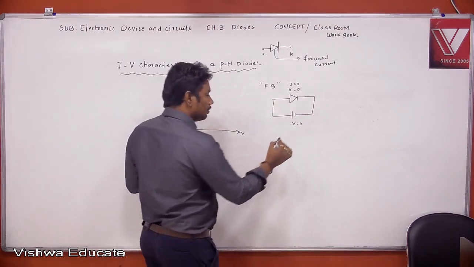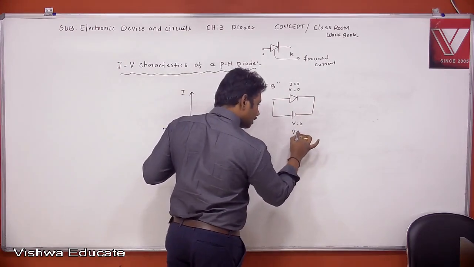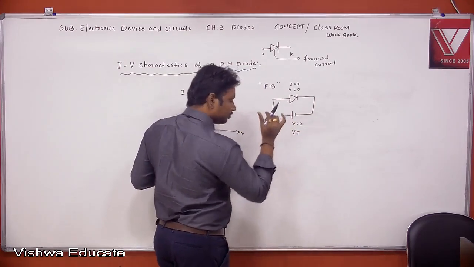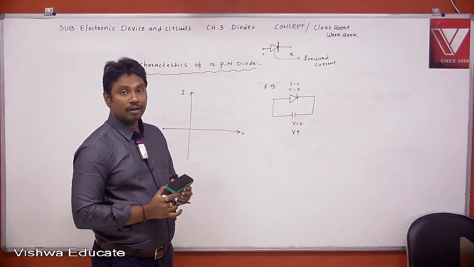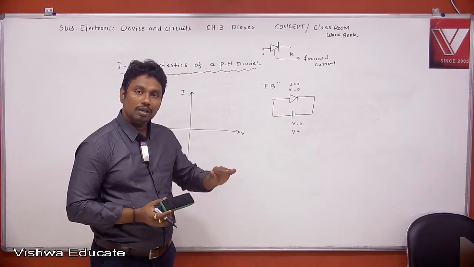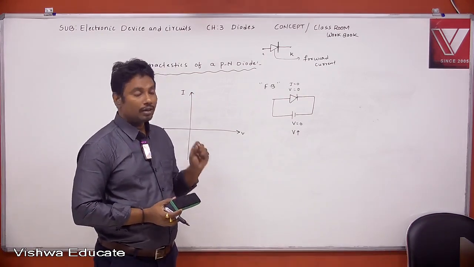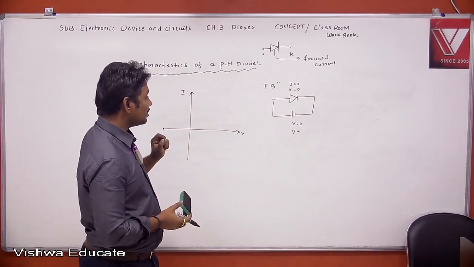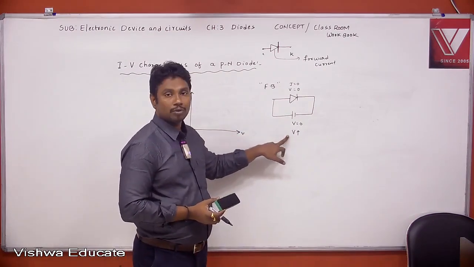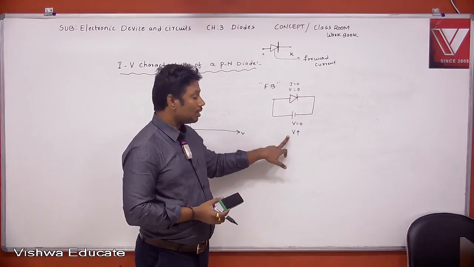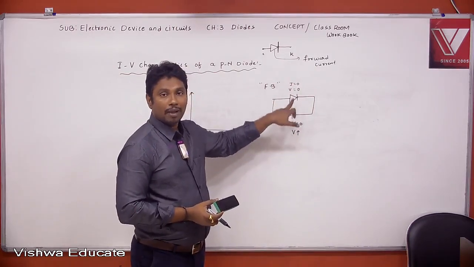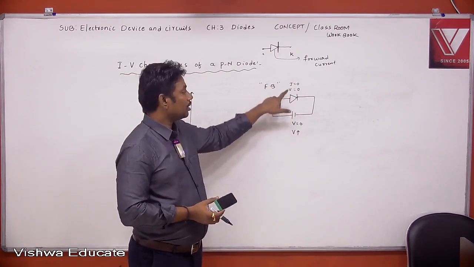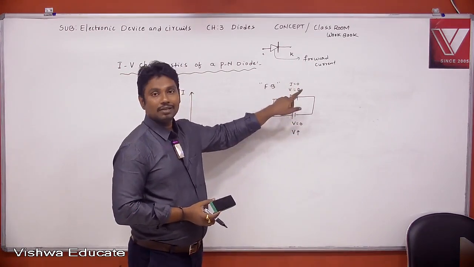Next, if this applied voltage is increased by a very small amount, what is the current through the diode? Still 0. Why is the current still 0 even if you apply a small amount of voltage? Because this applied voltage is used for cancellation of the barrier voltage. That's why the current through the diode is still 0.